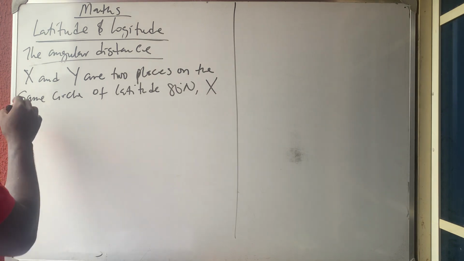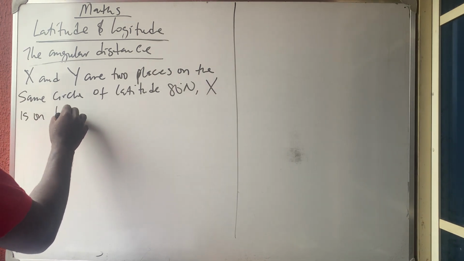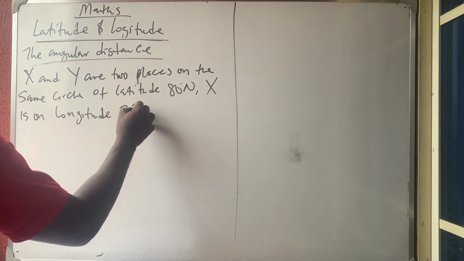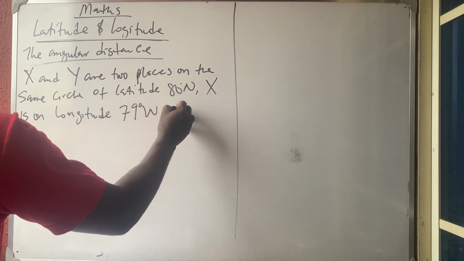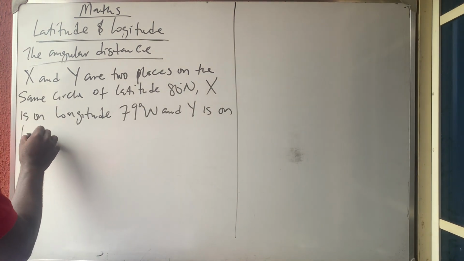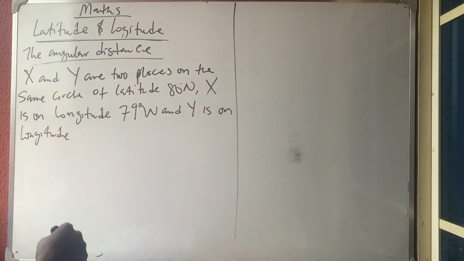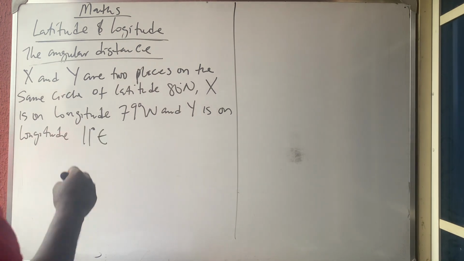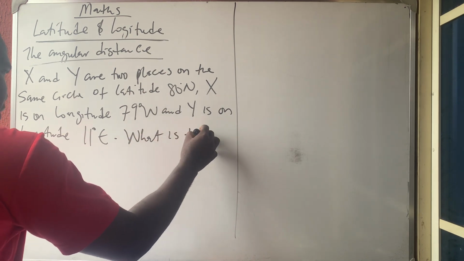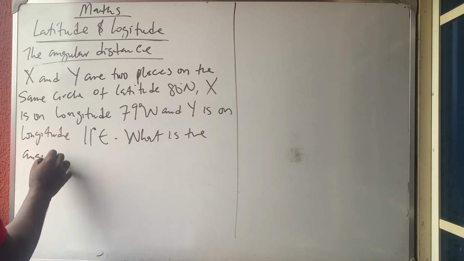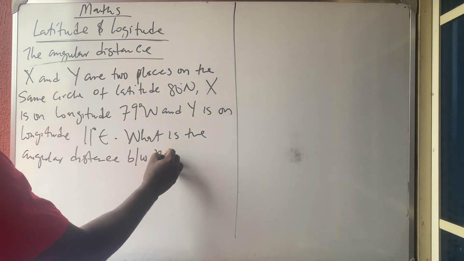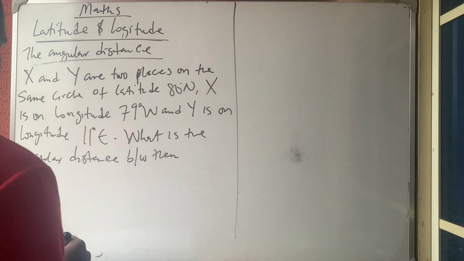Then x is on longitude 79 degrees west, and y is on longitude 11 degrees east. Then I ask, what is the angular distance between them? Now this is very, very simple.